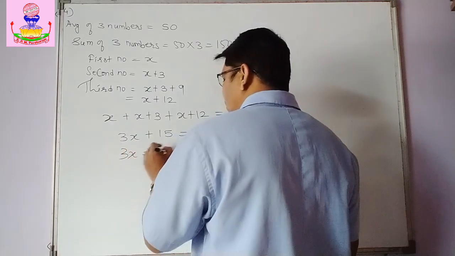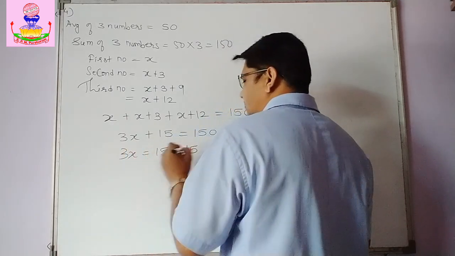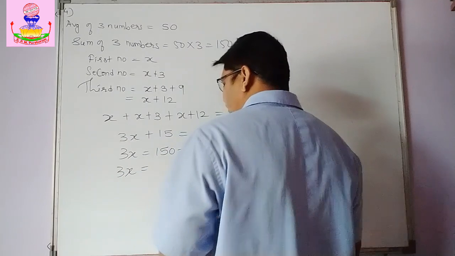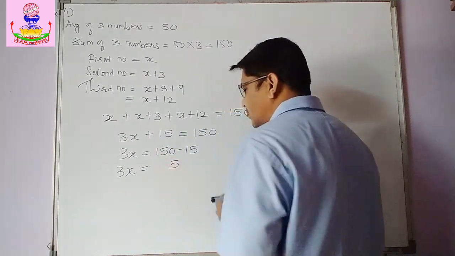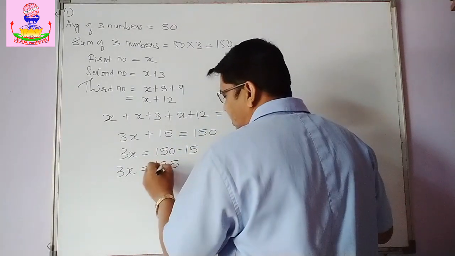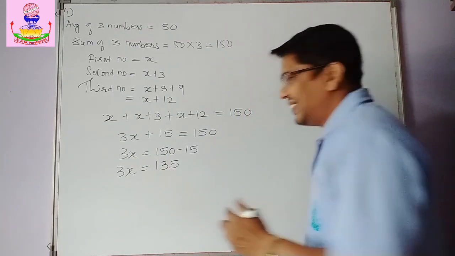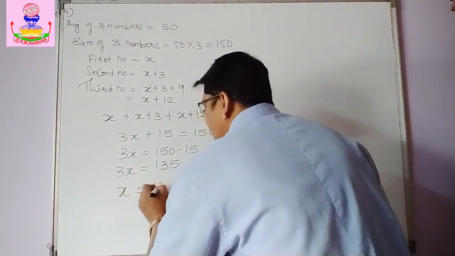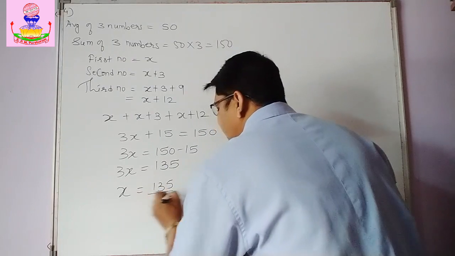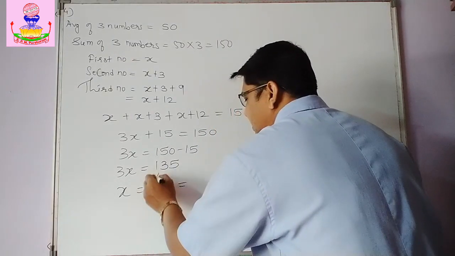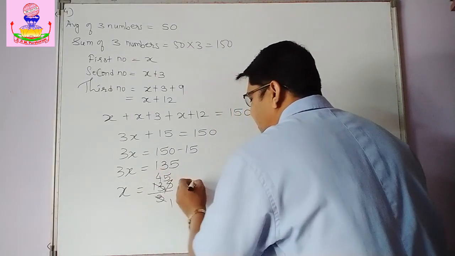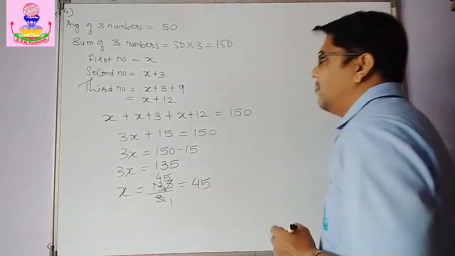So 3x is equal to 150 minus 15, so 3x is equal to 135. So x is equal to 135 upon 3. So 3 ones are 3, 3 fours are 12, 3 fives are 15. So x is equal to 45.